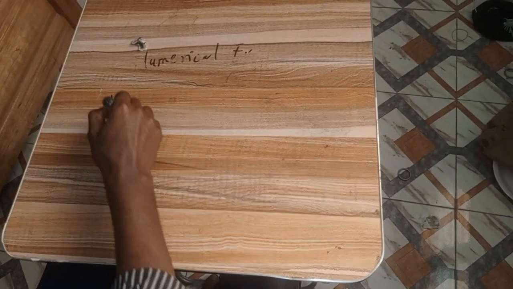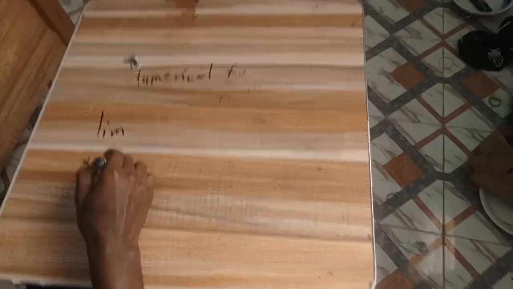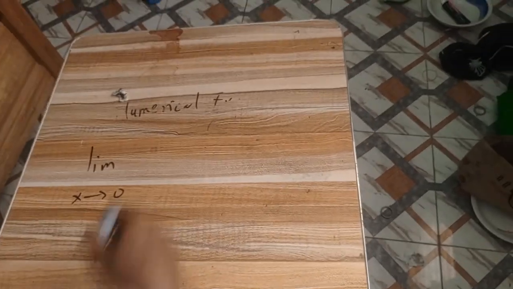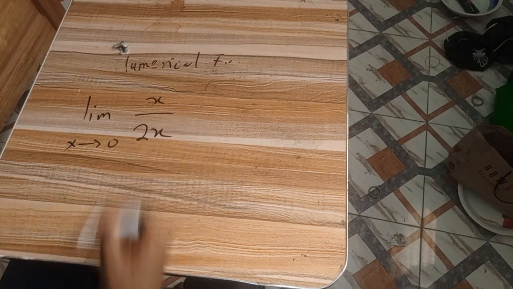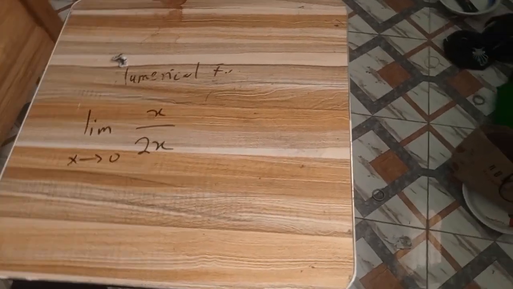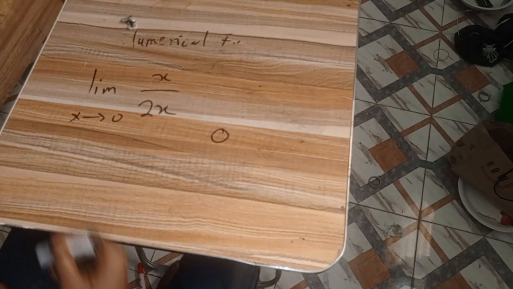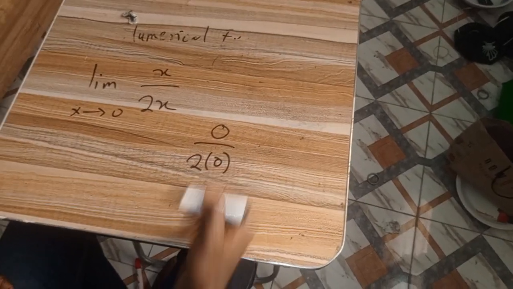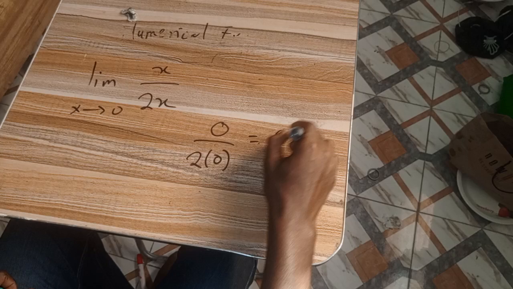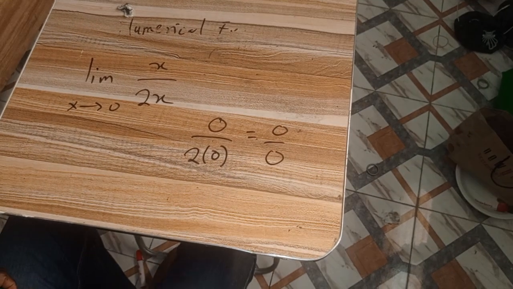So you want to evaluate the limit as x approaches 0 of x over 2x. And then you substitute 0 at the top. You substitute 0 for x here too. That will give you 0 over 0.